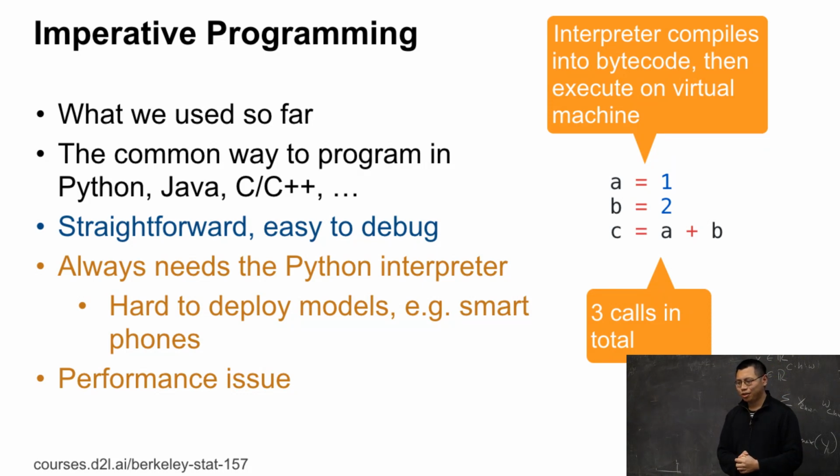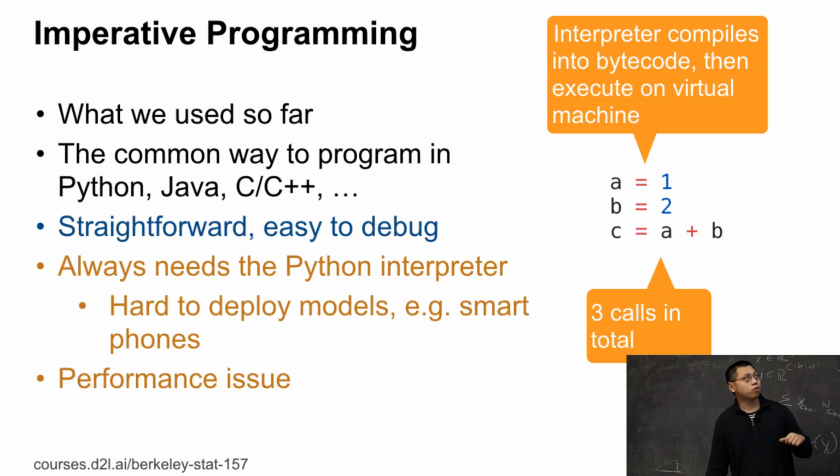But if you did the homework before, you see that it has some issues. Firstly, if you're using Python, there's something called a Python interpreter. Every time you run a line of code, the interpreter will first compile your code into bytecode. Then this bytecode will run on the virtual machine for Python. So every time, the compilation and the run on the virtual machine have overhead.